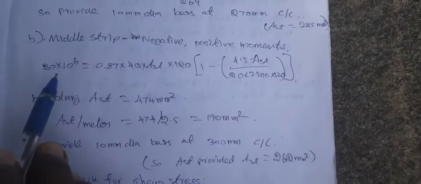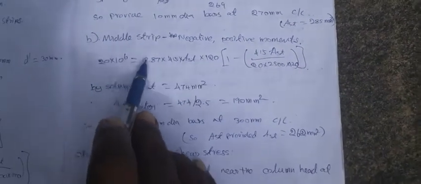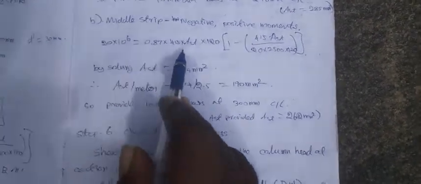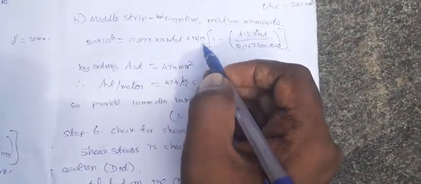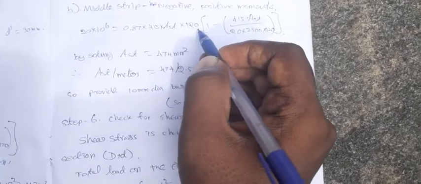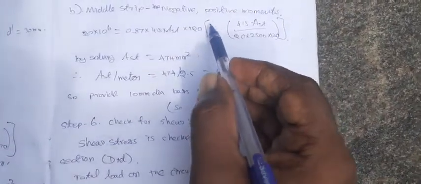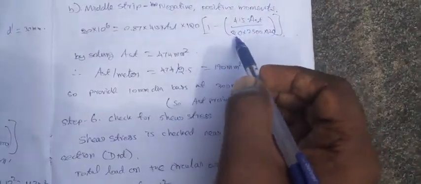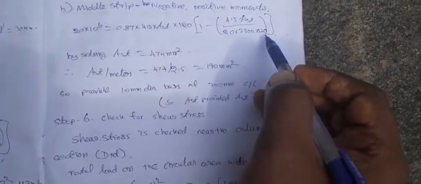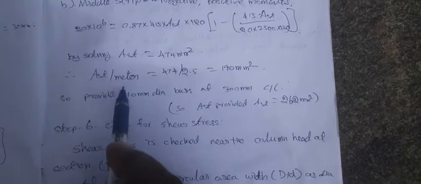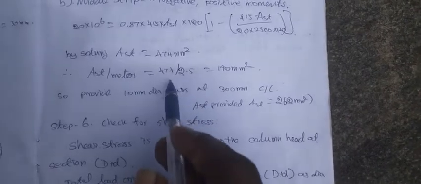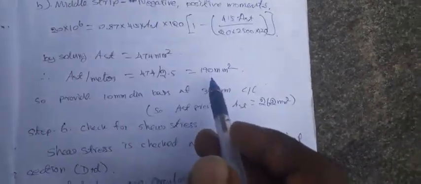So 20 into 10 power 6 is equal to 0.87 Fy Ast d, with d value 120 mm, because the middle strip has an overall thickness of 150, so the effective depth is 120. 1 minus Fy Ast divided by fck 20, b is 2.5, d is 120. By solving this, its value comes to around 474 mm square. So Ast per meter length is 474 divided by 2.5, which is 190 mm square.